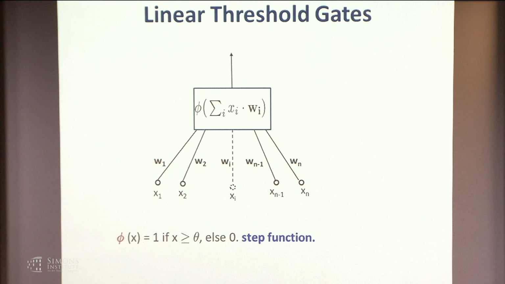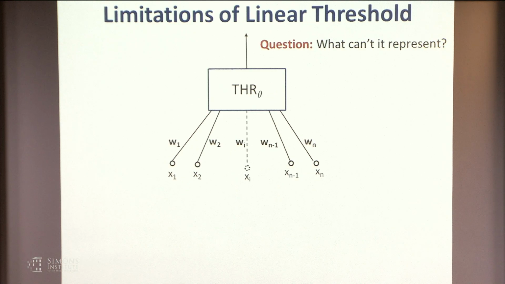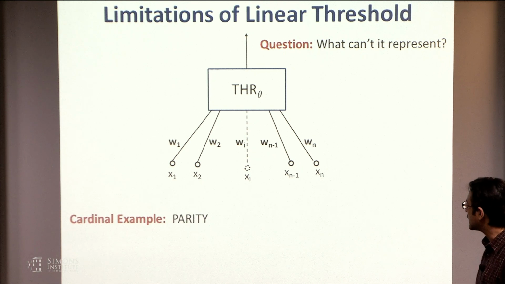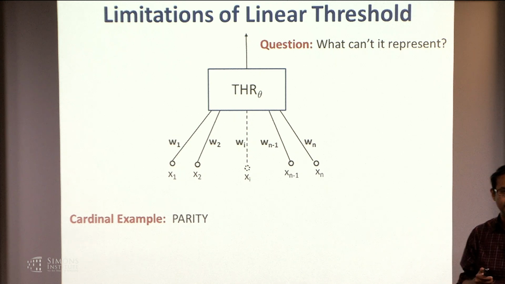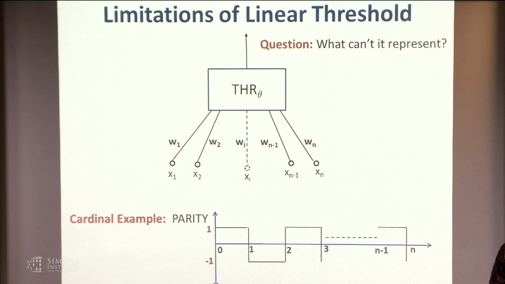I don't have to tell this audience the importance of this, especially in these days of machine learning. So we understand a lot about this from early on. In this workshop, we would like to understand what it can't compute. And it's not hard to see that the cardinal example of what such a gate cannot compute would be the parity function, because parity is very nonlinear, it wiggles.